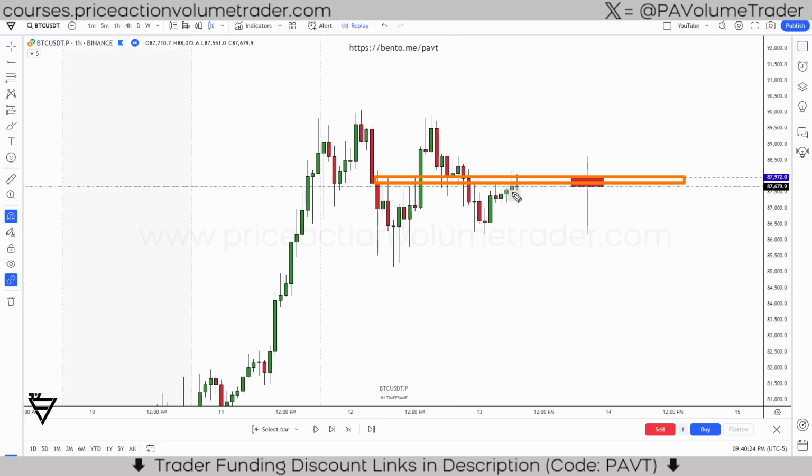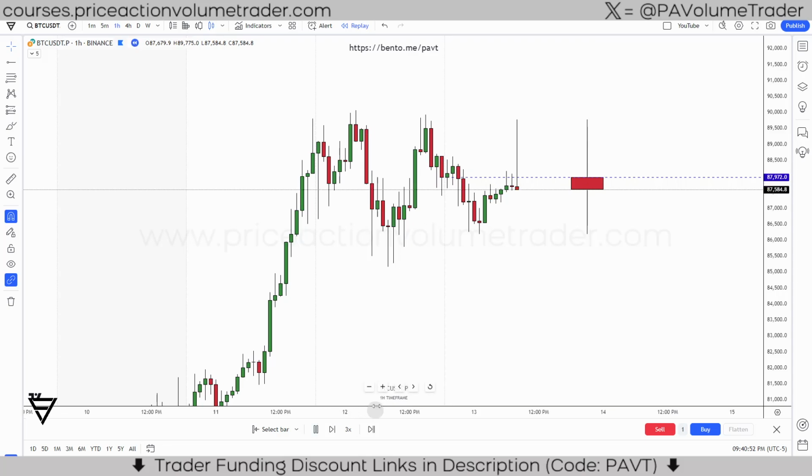So now we want to see if we reclaim this to keep going and print a strong bullish candle targeting the previous highs over here. So what we want to see is an open, low, high, and a strong bullish close above the opening price.